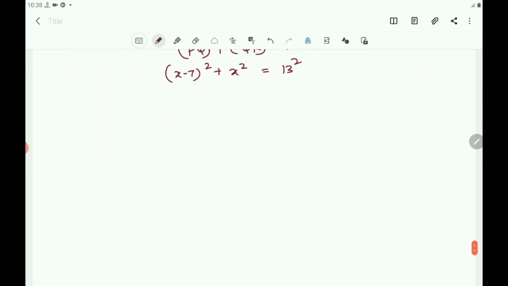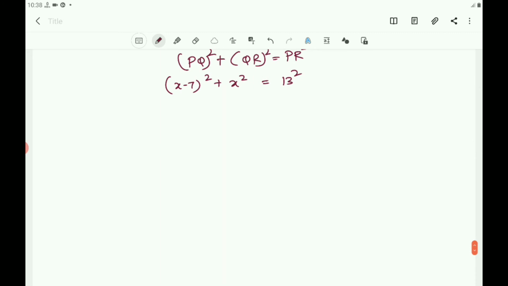Now you expand x minus 7 whole square by using the identity for x minus y the whole square. The expansion of x minus y whole square is x square minus 2xy plus y square.